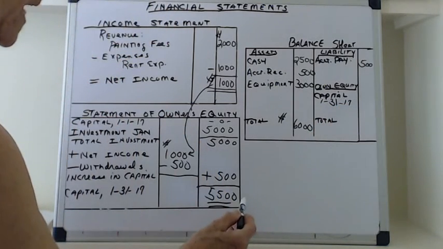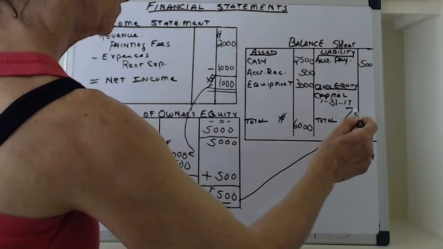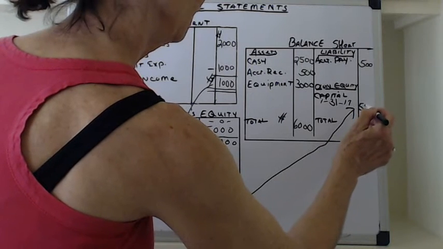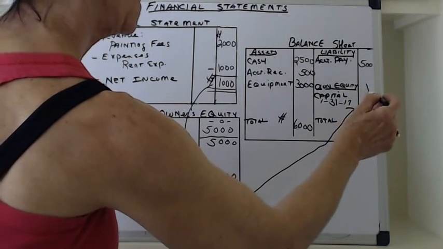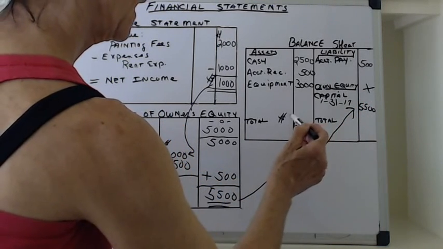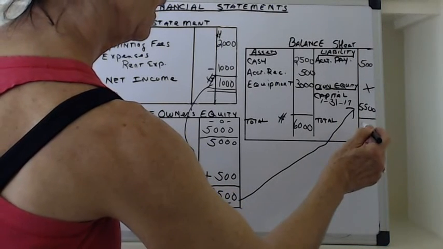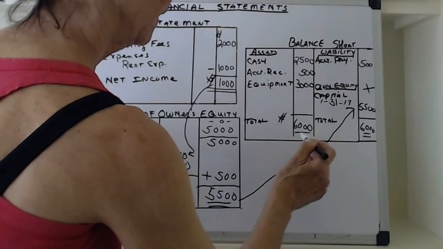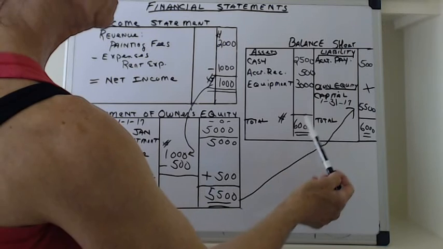So I'm going to take my new capital that I got, and I'm going to bring the new capital over, $5,500. Now, I'm going to add my liabilities to my capital, and this side now equals $6,000. So both sides equal. This is a balance sheet.